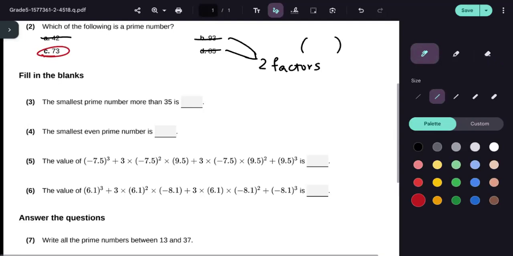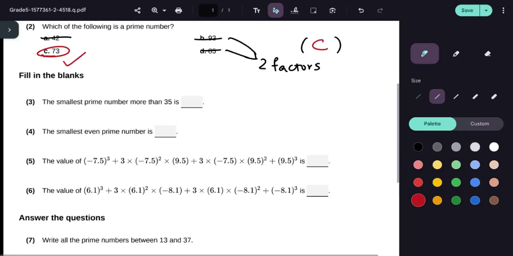So you continue: divide by 3 cannot, divide by 4 cannot, divide by 5 cannot, divide by 6 cannot, 7 cannot, 8 cannot, and 9 cannot. Okay, if the single digits are all out, it means this should be the correct answer. So the answer will be C.